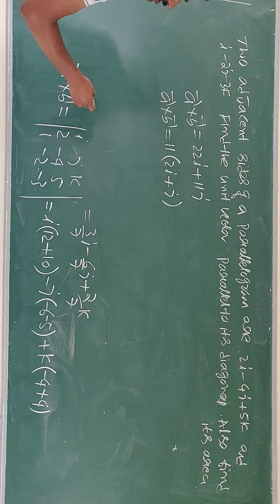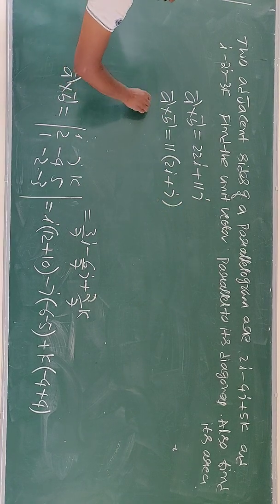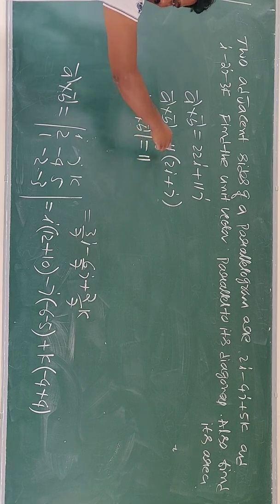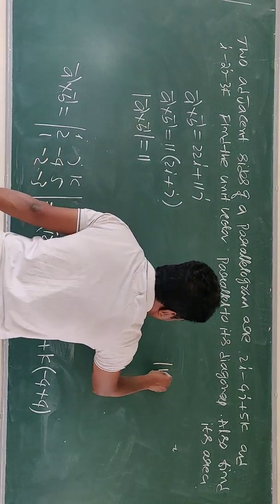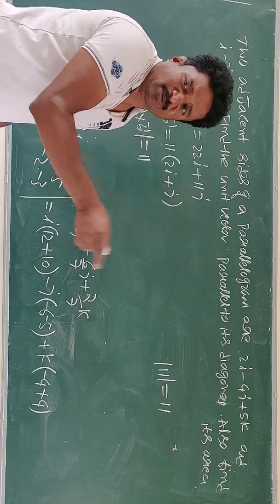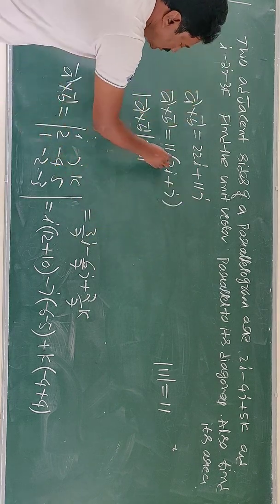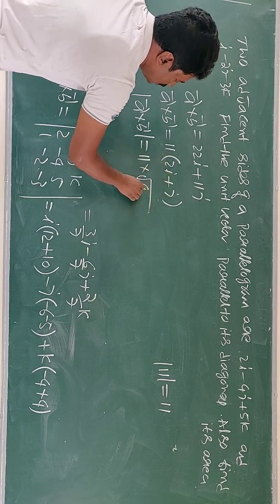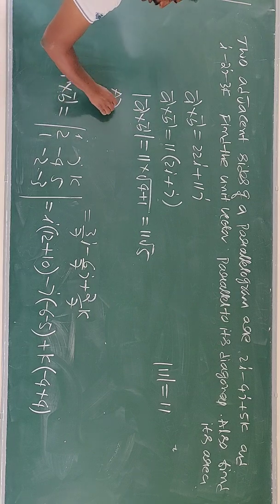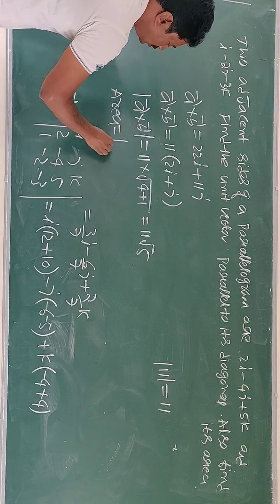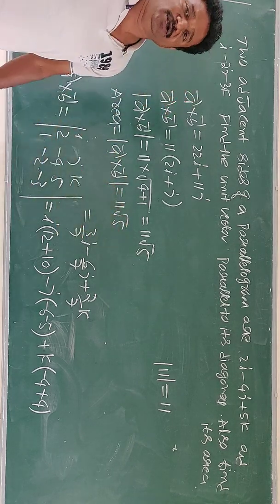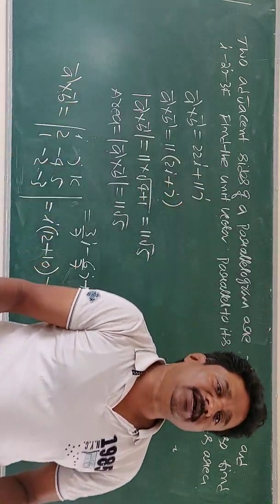Calculate the magnitude, students, the length of A cross B. Mod 11 is 11; length and mod are one and the same. So 11 into root of 4 plus 1, that is 11 root 5. The area of the parallelogram is the magnitude of A cross B, so it is 11 root 5. I hope you understood, students. Let us stop this class and continue in the next class.